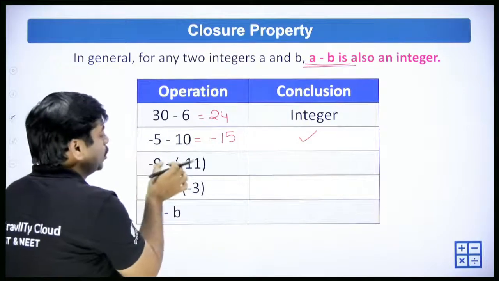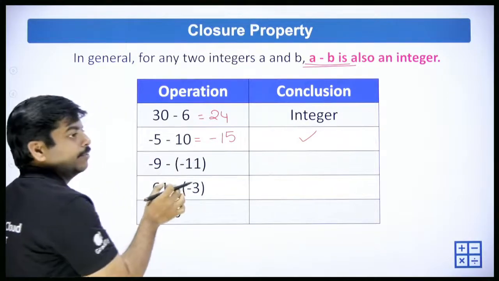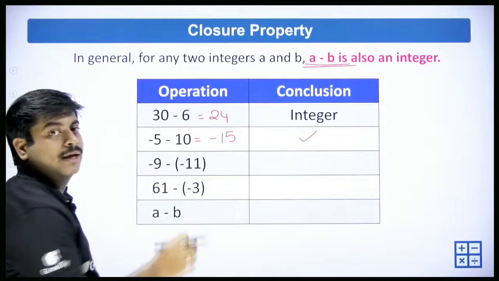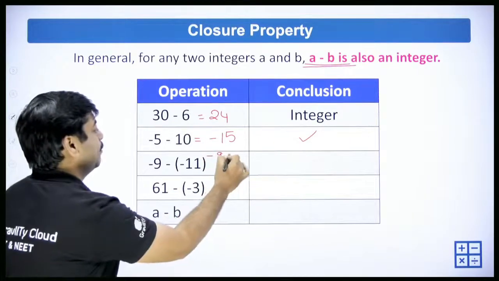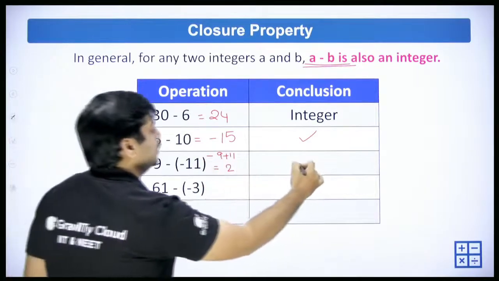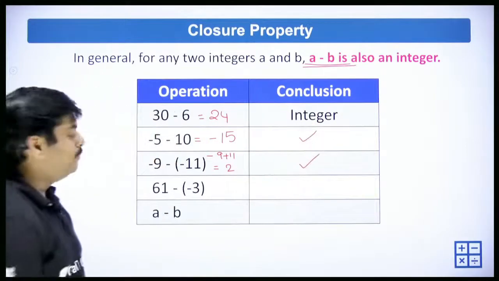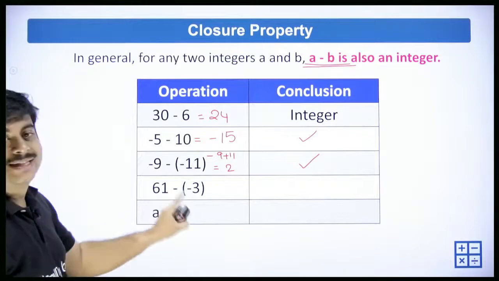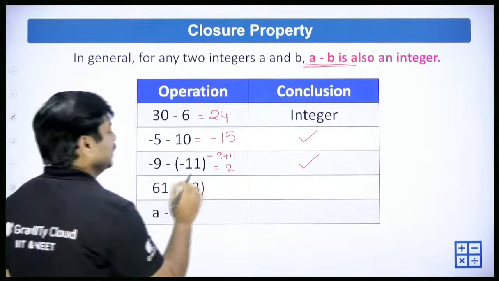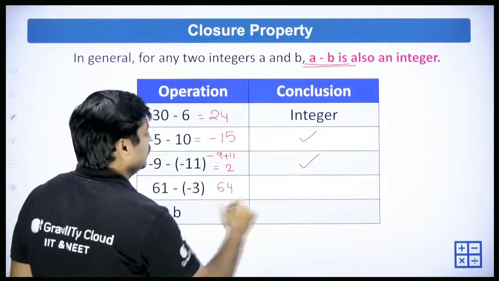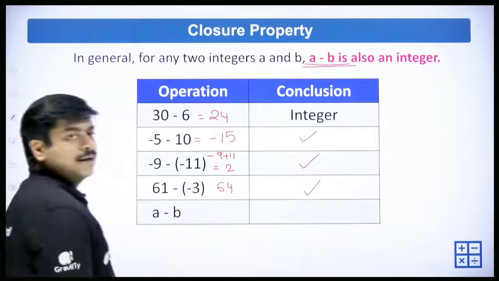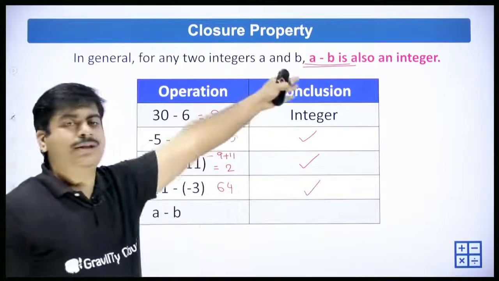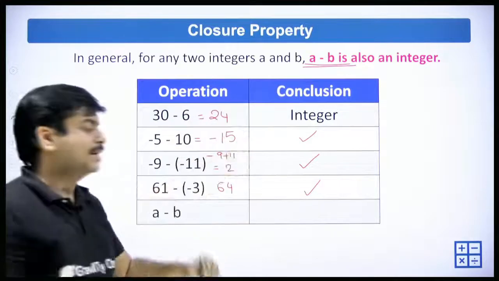Minus 9 minus of minus 11. I told you, when we are multiplying, minus of minus will give you positive. So minus 9 plus 11 is 2, yes, it is an integer. 61 minus of minus 3 is 61 plus 3, which is 64, again an integer. For any two numbers, a minus b, we can see that yes, it is an integer.